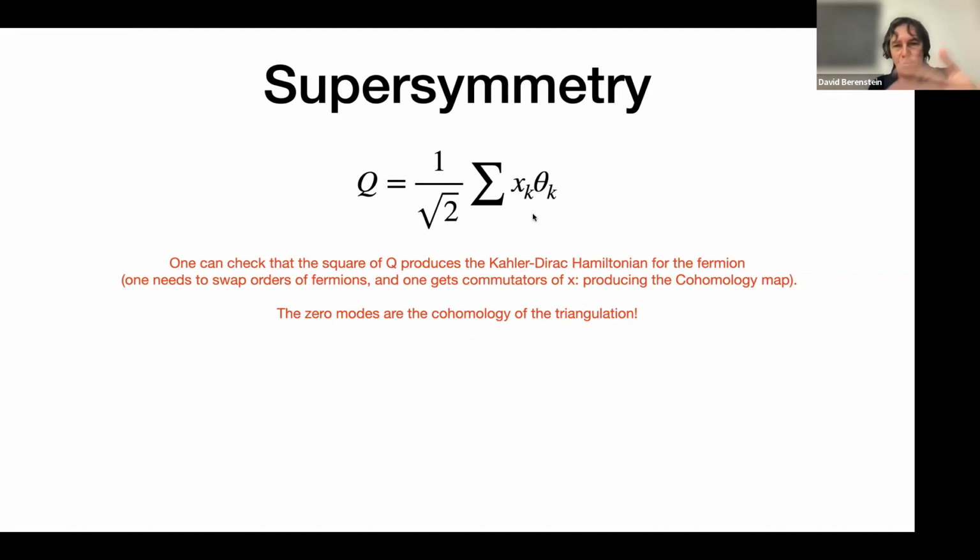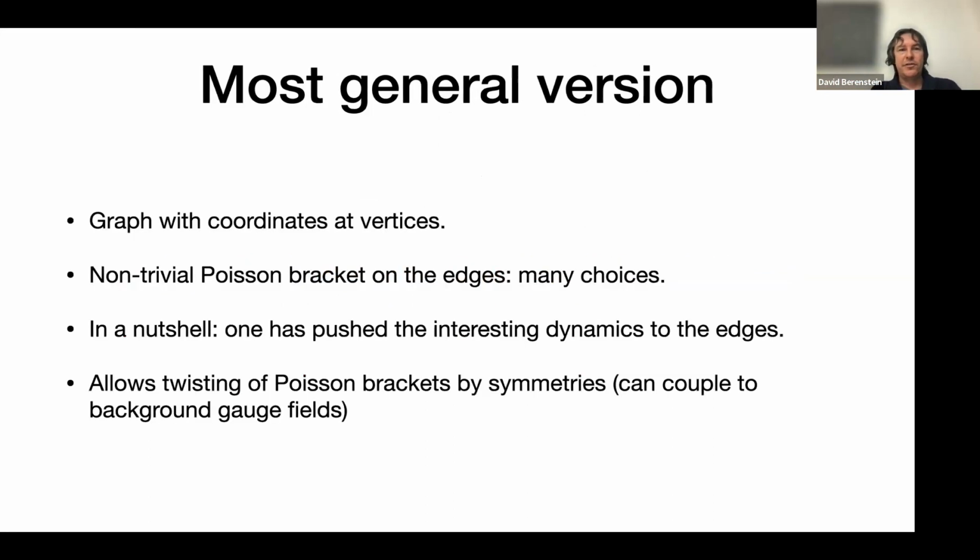So basically what you get here is a way to pair fermions and bosons in a nice way. And then the zero modes here are cohomology, so you kind of boil everything down to topology again in some more traditional sense. Okay. The most general version of this is you just take some graph with coordinates at vertices, and you put some non-trivial Poisson brackets on the edges. There's choices.